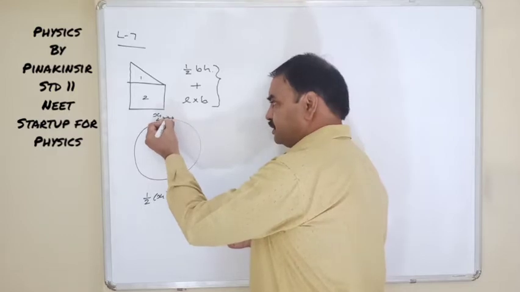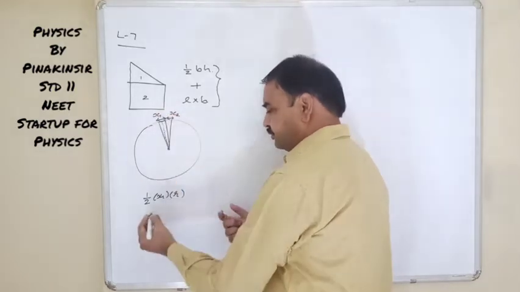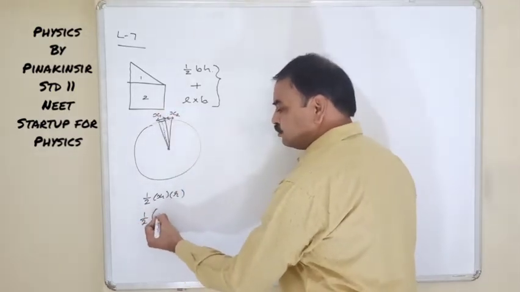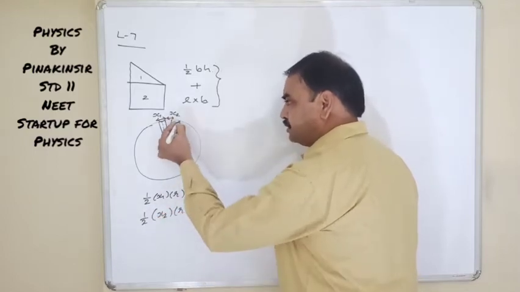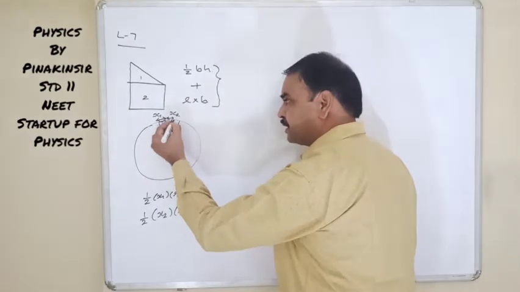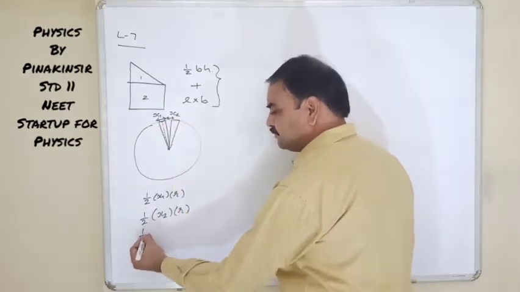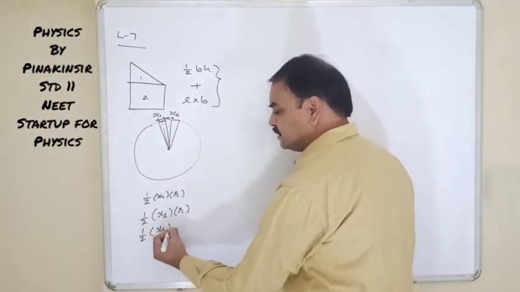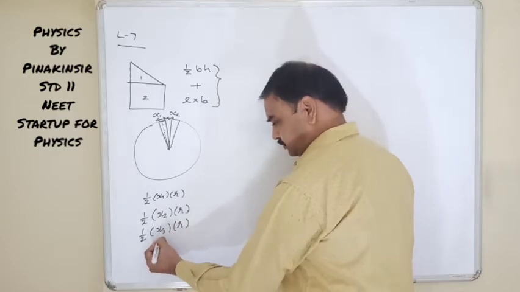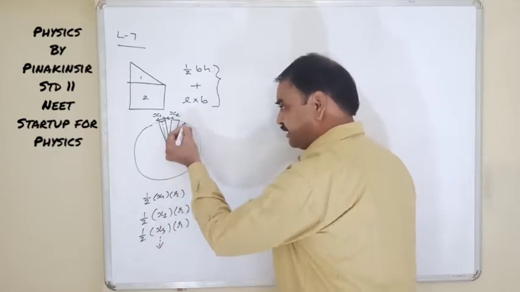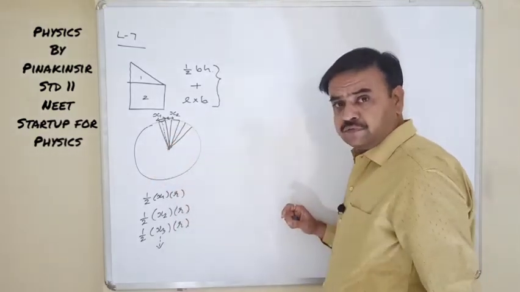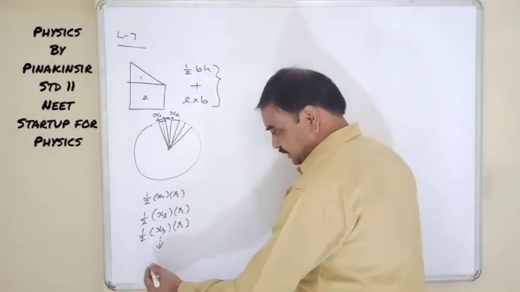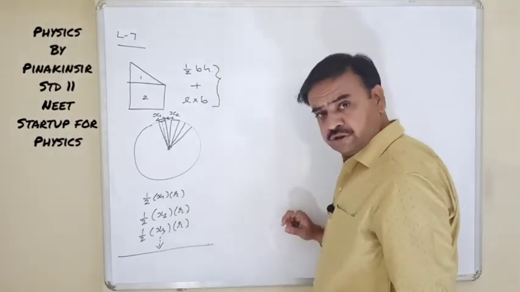Say that much measurement is x2, and again area will be equal to 1/2 x2 into r. Again we extend that part, area will be equal to 1/2 x3 into r, and so on. We will extend this until the total figure is covered.